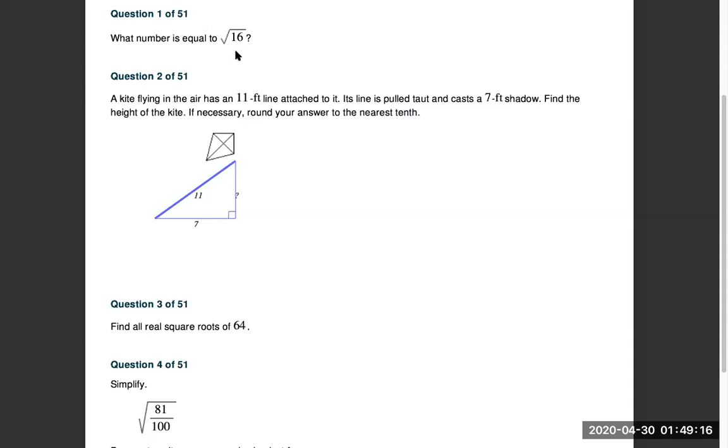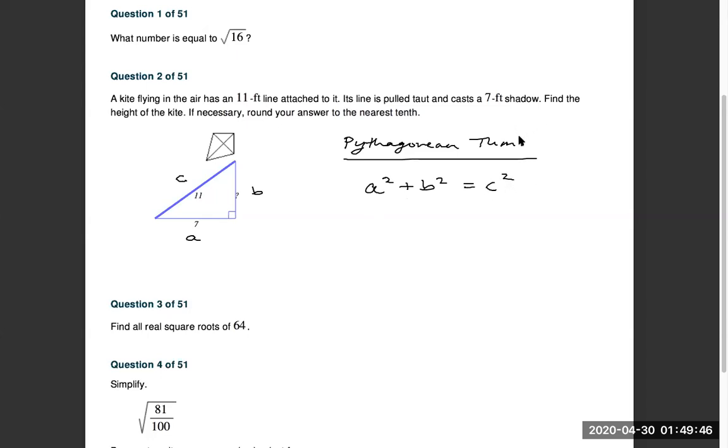Remember, we learned the Pythagorean theorem a long time ago. You have legs A and B, and you have hypotenuse C. The Pythagorean theorem states leg squared plus leg squared equals hypotenuse squared.